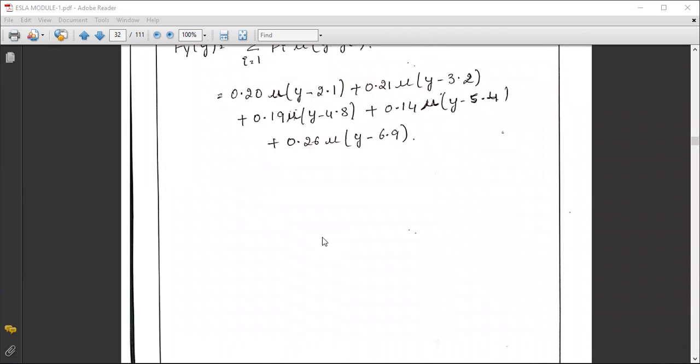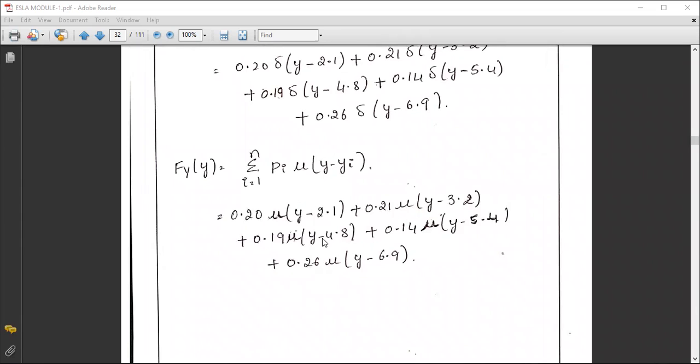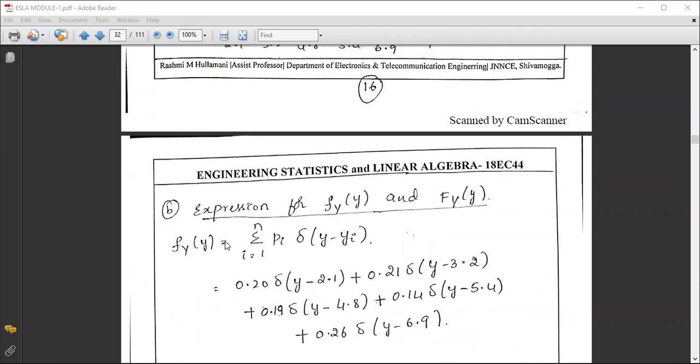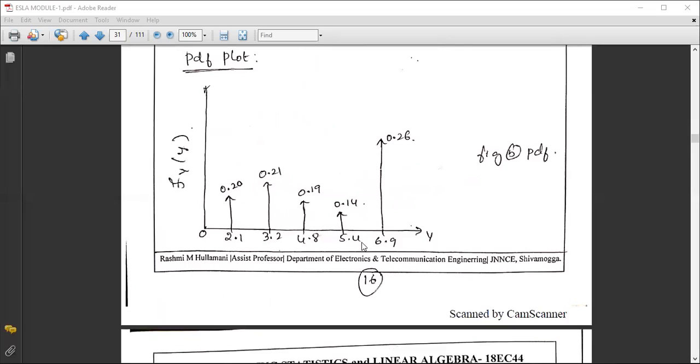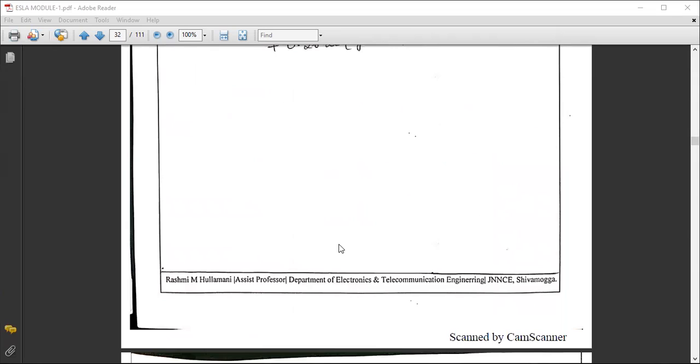This is the expression. We are writing the expressions using the unit delta function and unit step function.